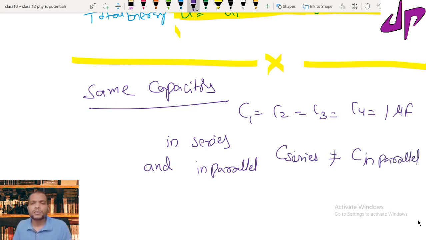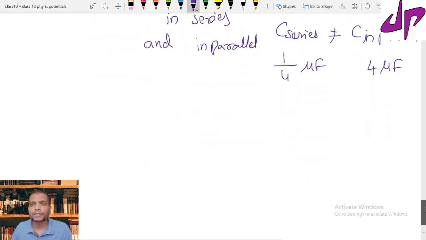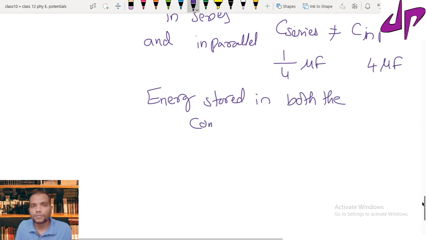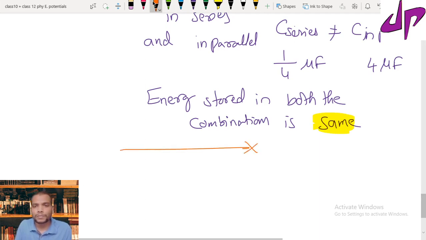That's correct, because in series it becomes 1 over 4 microfarads, but in parallel it becomes 4 microfarads. But the energy stored in both the combinations is the same. So this is the final statement.